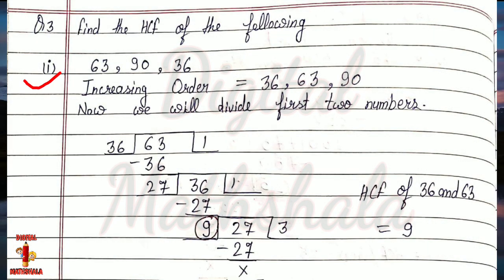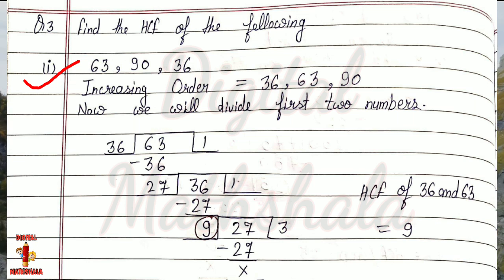In this part, first of all, we will arrange all the numbers in ascending order or increasing order. So for this, as you know, ascending order means smaller number we will write first and bigger number we will write last. So after arranging this, we will have 36, 63 and 90. So we will take starting 2 numbers for the division.